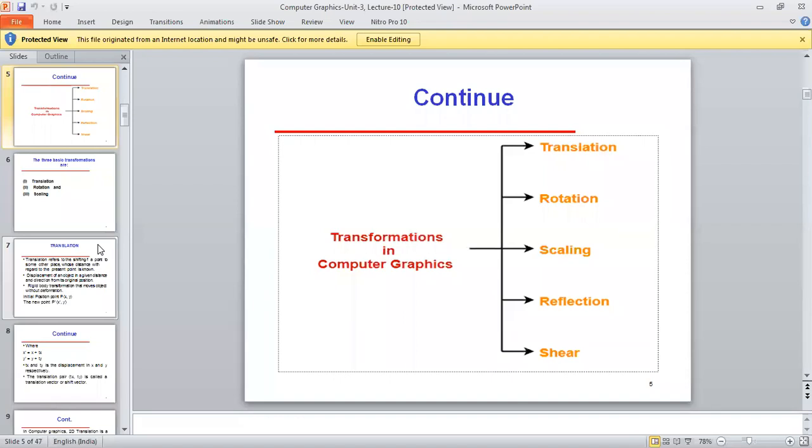Shear we will use mainly in the case of mechanical parts: how we are going to move or shear, and by how much. There is very little use of these two transformations, reflection and shear, but mainly we will use translation, rotation and scaling. So in this unit, we will concentrate only on translation, rotation, and scaling.